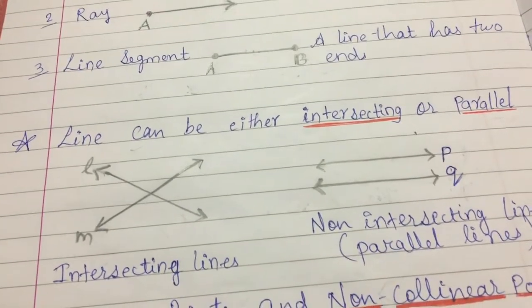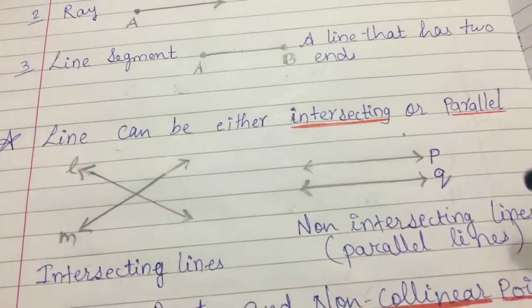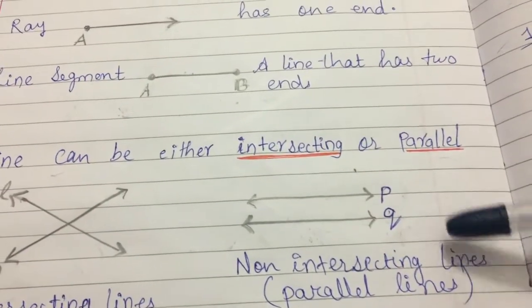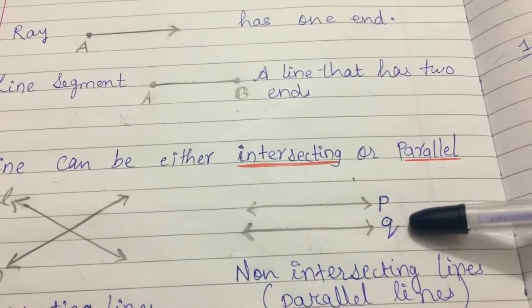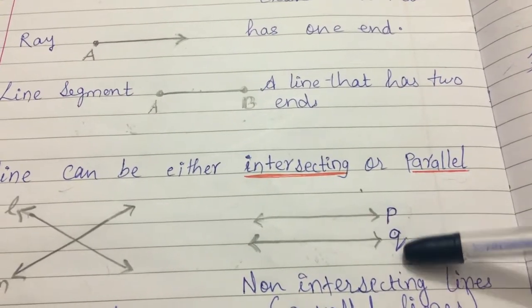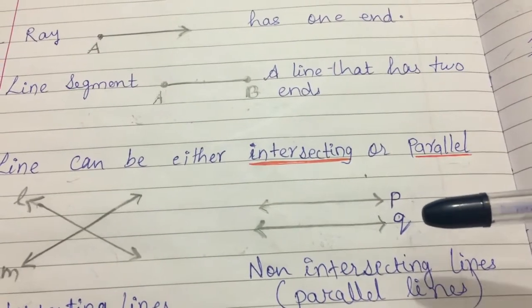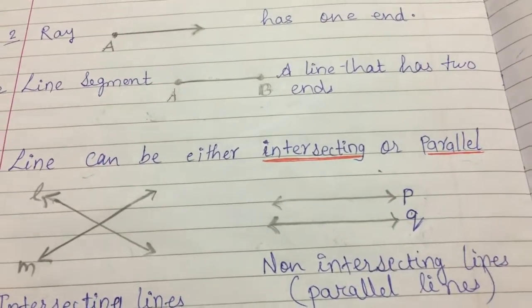But what about those which do not cross? Those are the non-intersecting or parallel lines. That is here line P and line Q. They are not intersecting each other, so these are the parallel lines.